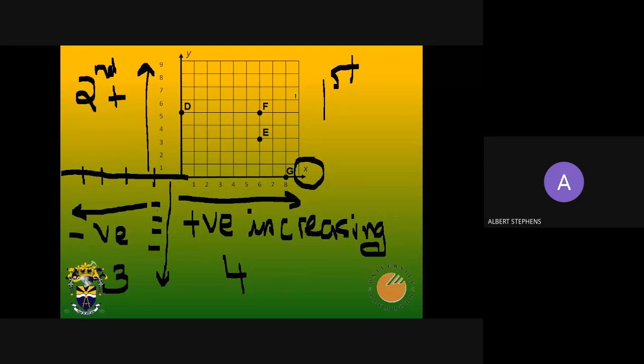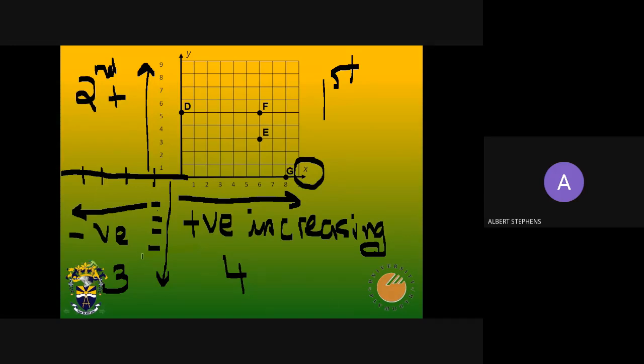Now, in the first quadrant, everything is positive. In the second quadrant, the x values are negative, as you can see over here, but the y values are positive. In the third quadrant, the x values are negative, and the y values are also negative.